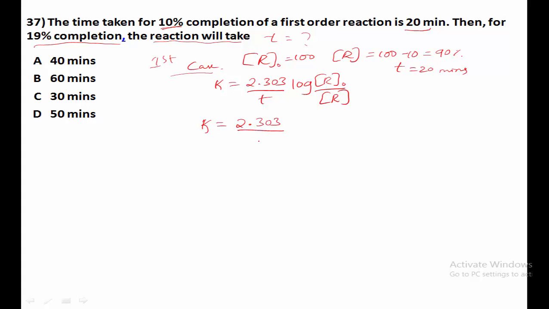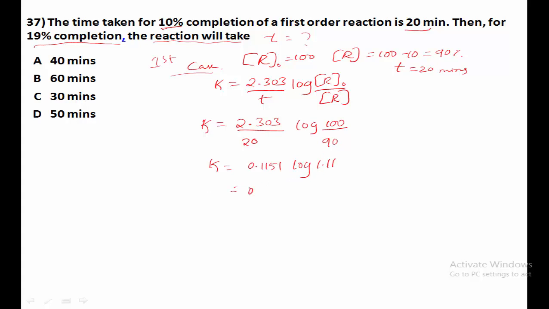Now find the value of K by substituting these values. 2.303 divided by T, that is 20, log of R naught, the initial concentration 100, divided by R, 90. If you solve this, you will get K equal to 0.1151 log 100 by 90, which is 1.11.